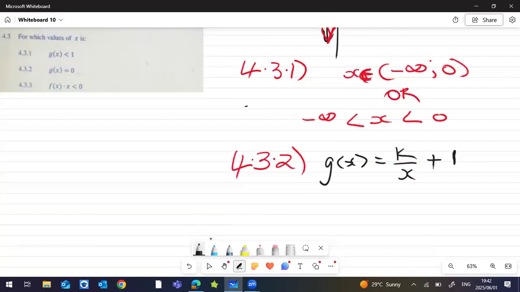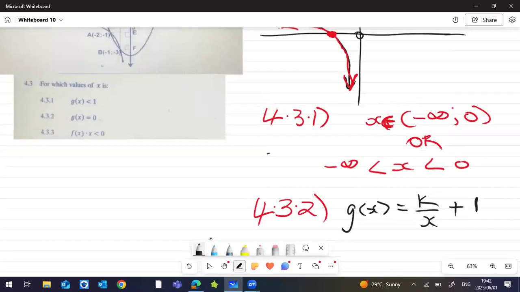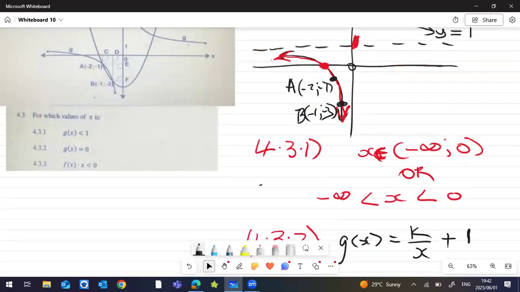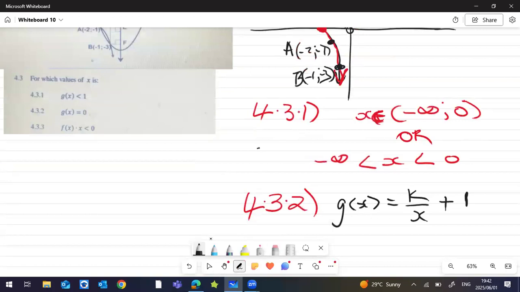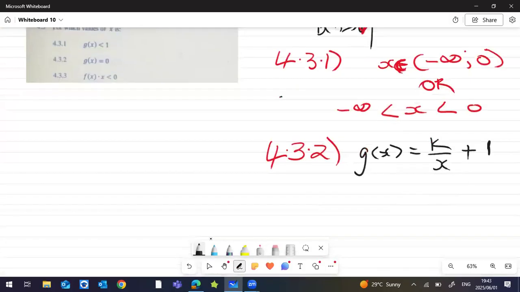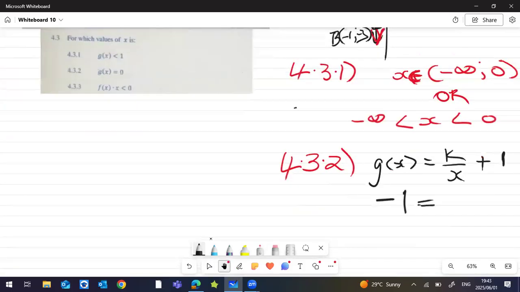Now what I want to do, looking at the hyperbola, is take any point on the hyperbola. There is point A. What are the coordinates of A? -2, -1. There is another point on the hyperbola, which is B, with coordinates -1 and -3. So I can substitute any point as my x and y. Let me take point A. If I use point A, my y value there, which is your g of x, is -1. What is your x value at that point A?